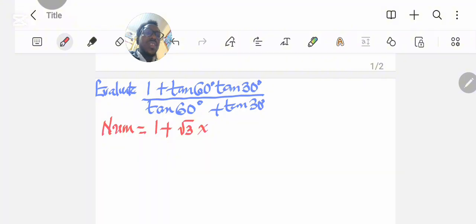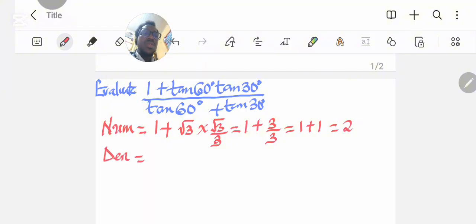Since they are side by side each other, that indicates multiplication. And tan 30 degree is root 3 all over 3. If we multiply this together, we have 1 plus root 3 times root 3, which is 3, all divided by 3. So this is 1 plus 1, which is equal to 2.